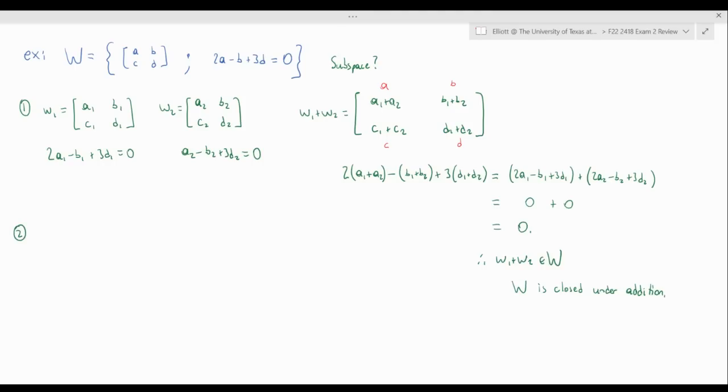Checking scalar multiplication will be similar. So what we can do is take the matrix W1 from before, and multiply it by some scalar. This time I'll use K for the scalar since I'm already using C inside the matrix. So if you multiply by K, you're going to get KA1, KB1, and so forth.